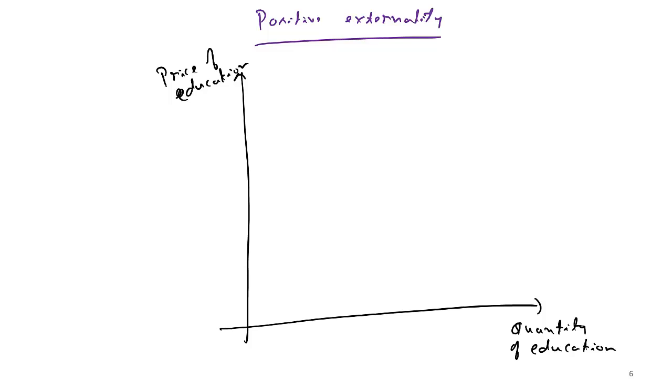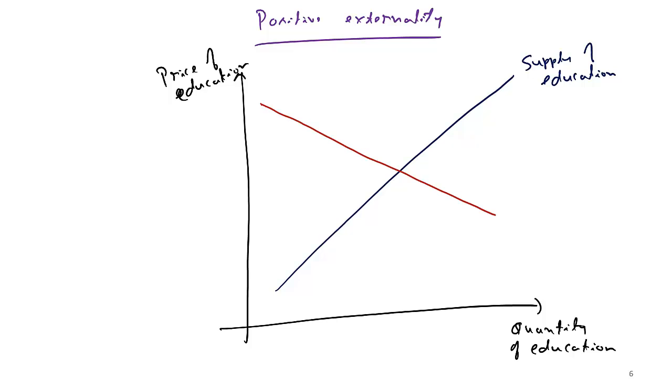Now there is a supply of education, and there's a demand, and this is a private benefit.